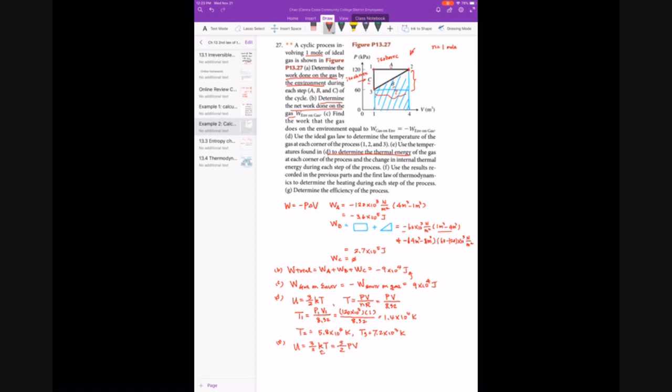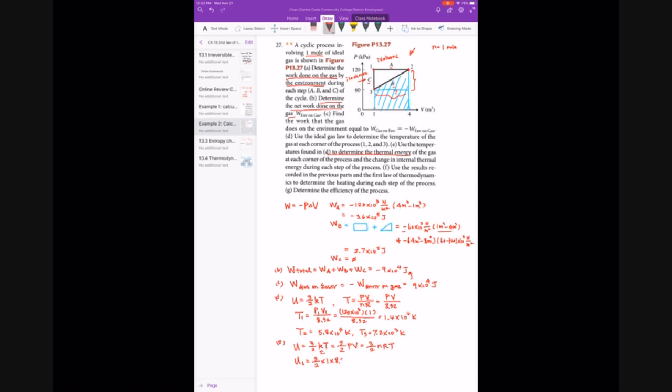If we use the temperature, then this will be the first one. If you do the calculation, the first one is going to be 3 over 2 times, okay, this can also be 3 over 2 nRT. So I'm going to use nRT, because I have a temperature already.